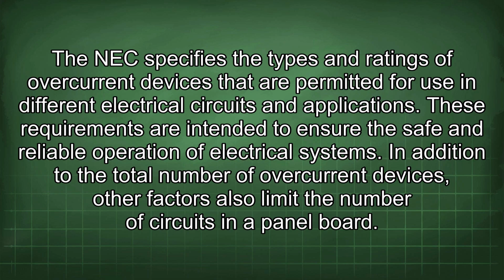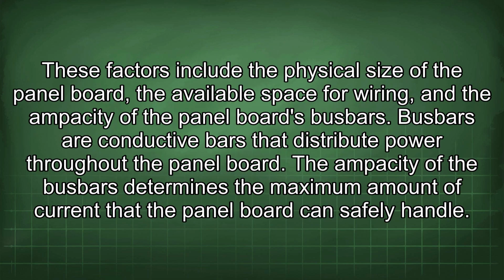In addition to the total number of overcurrent devices, other factors also limit the number of circuits in a panel board. These factors include the physical size of the panel board, the available space for wiring, and the ampacity of the panel board's busbars. Busbars are conductive bars that distribute power throughout the panel board. The ampacity of the busbars determines the maximum amount of current that the panel board can safely handle.